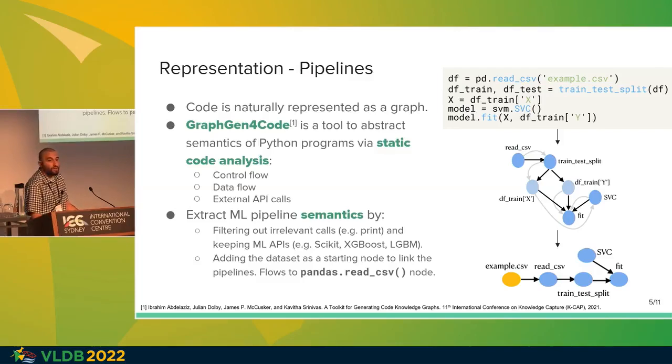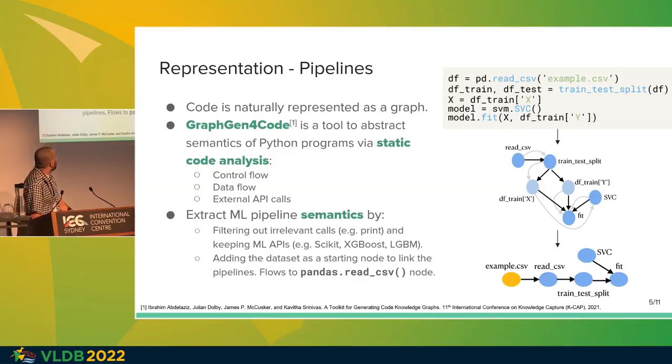A natural representation of this code is actually graphs. So how about we represent this code as a graph by applying static code analysis? This is what makes our system scalable, because static analysis can be done instantaneously and applied to lots of scripts on Kaggle.